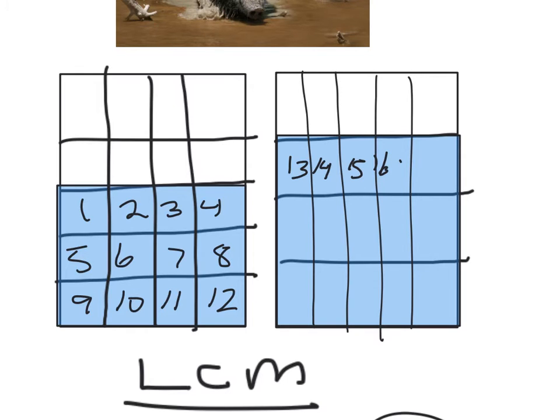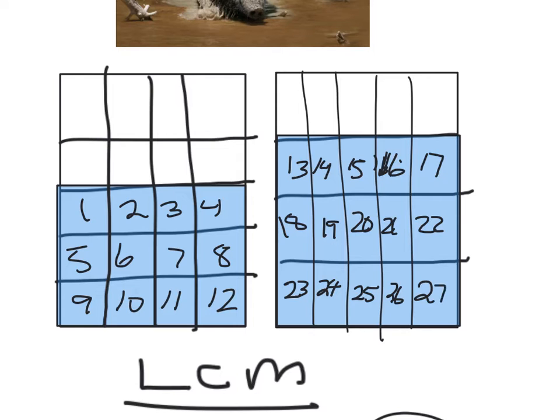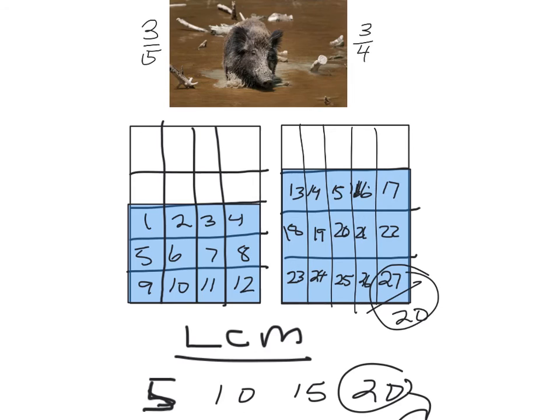Oops, that's an ugly 16, but trust me, let me fix it. 16, 17, 18, 19, 20, 21, 22, 23, 24, 25, 26, and 27. 27 out of 20, right? So I got 27 20ths. Now, that is fantastic. So that's how many pounds he had, right?